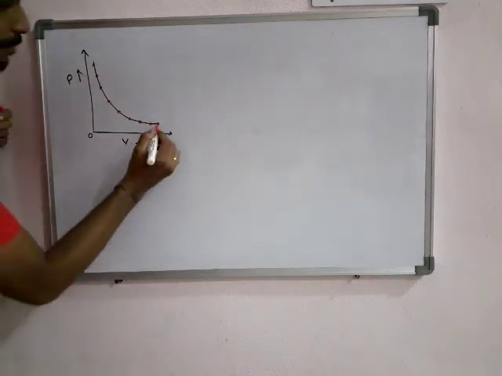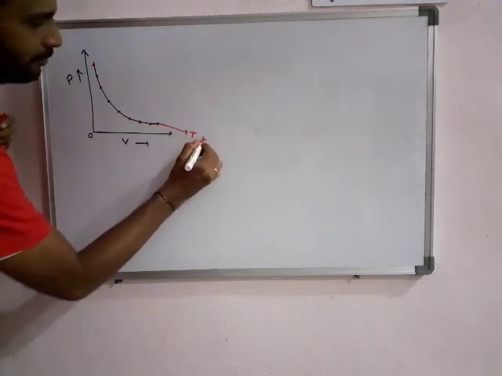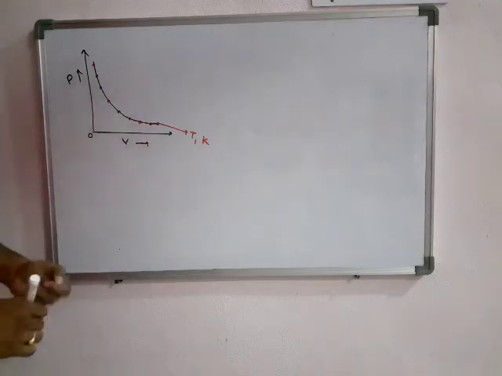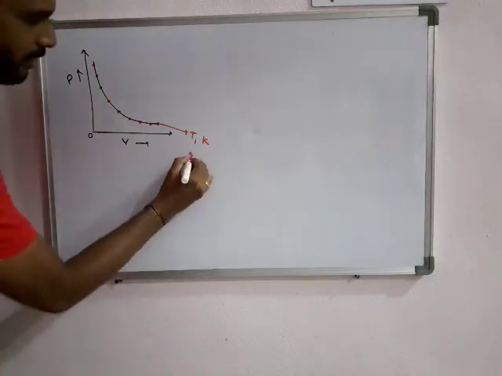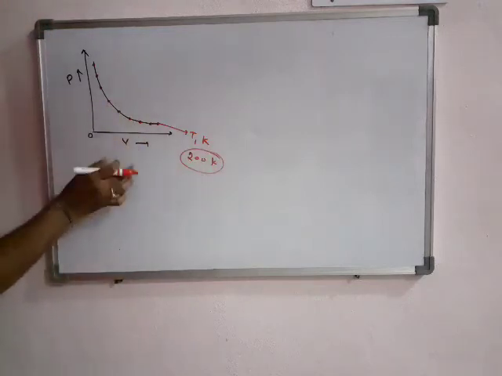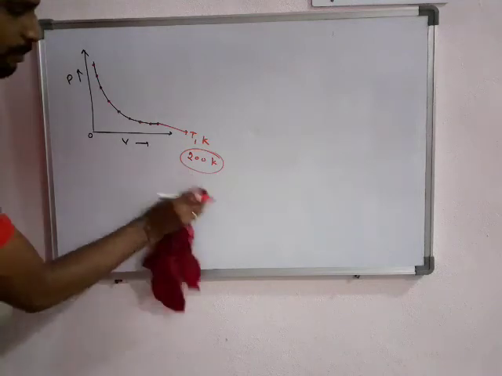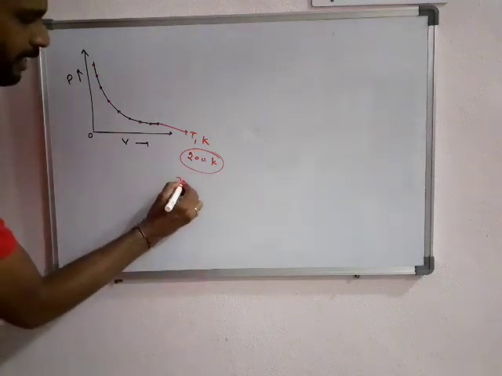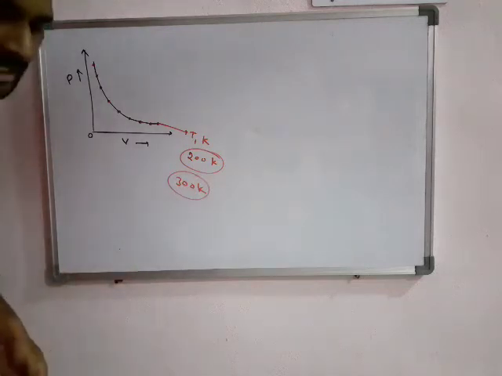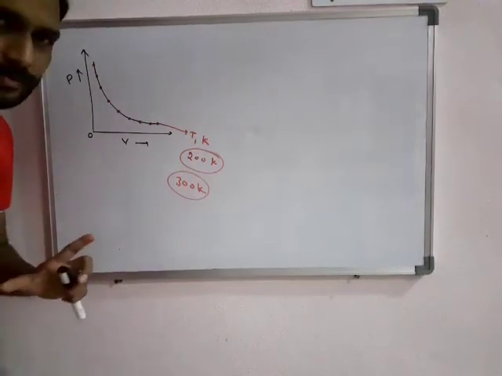For example, we did this experiment at T1 Kelvin. If we do the experiment at T1 Kelvin, we get this type of values. For example, take T1 as 200 Kelvin. If you do the experiment for the same gas at 300 Kelvin instead of 200, even by increasing the temperature there is no change in the behavior of gases.